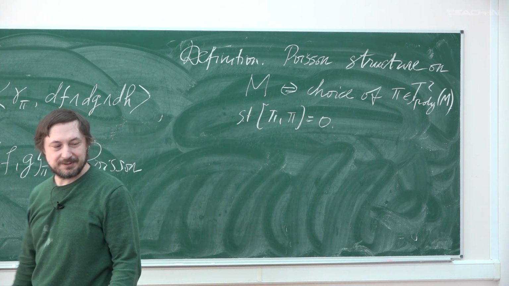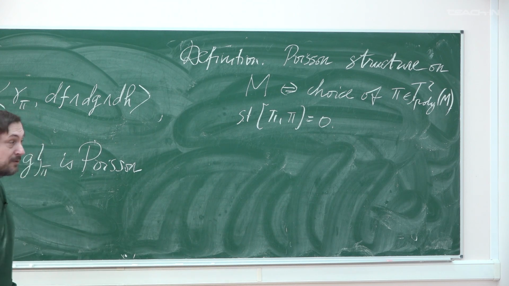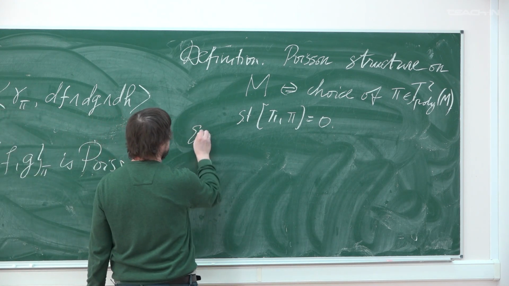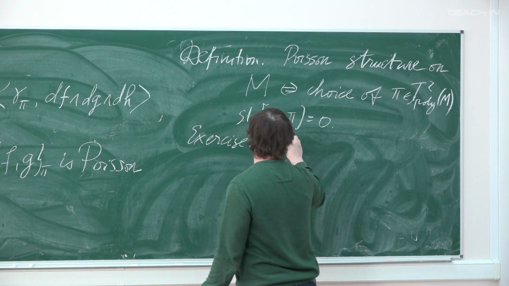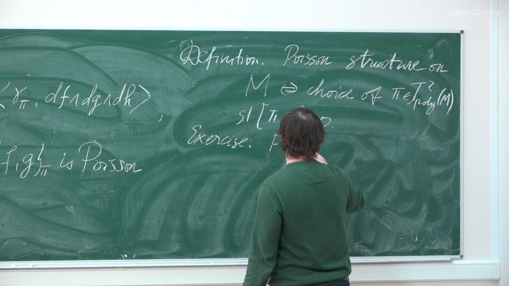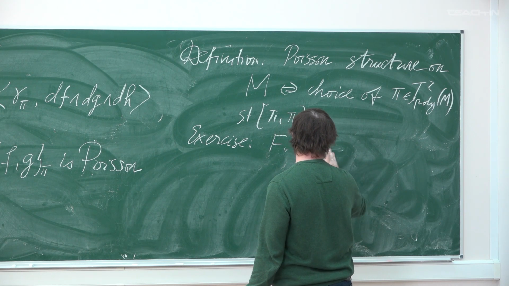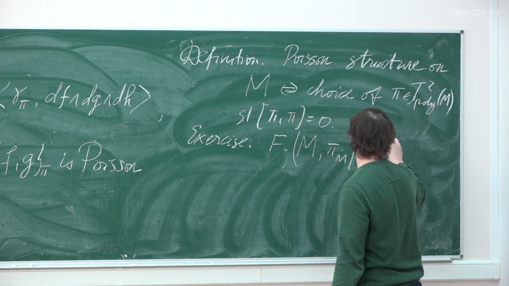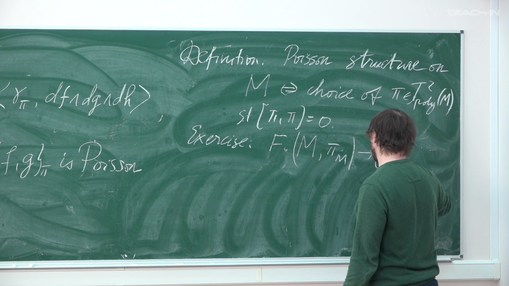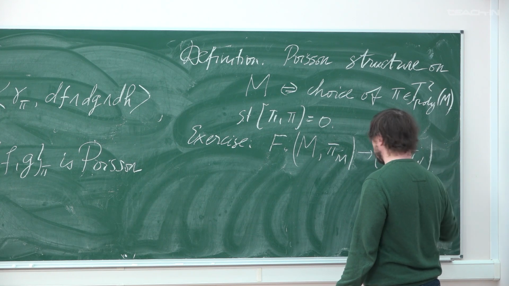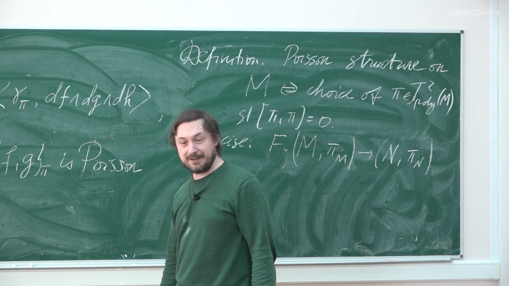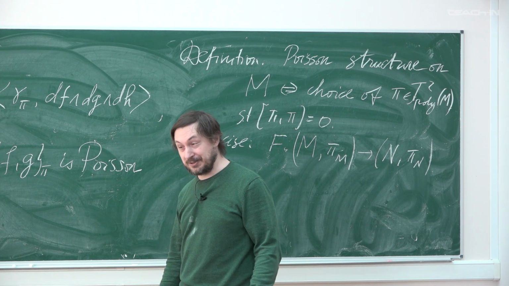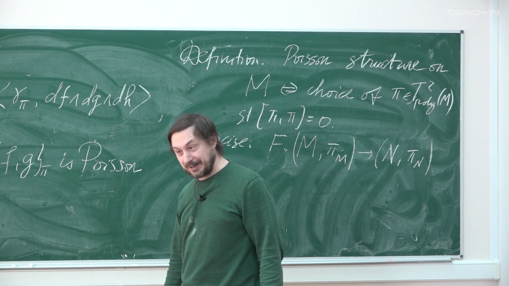I would love you to consider doing the following exercise. Suppose F is a map from a manifold M with Poisson structure pi M to a Poisson manifold N with Poisson structure pi N. I explained what it would mean that this F intertwines Poisson structures in terms of the Poisson bracket.